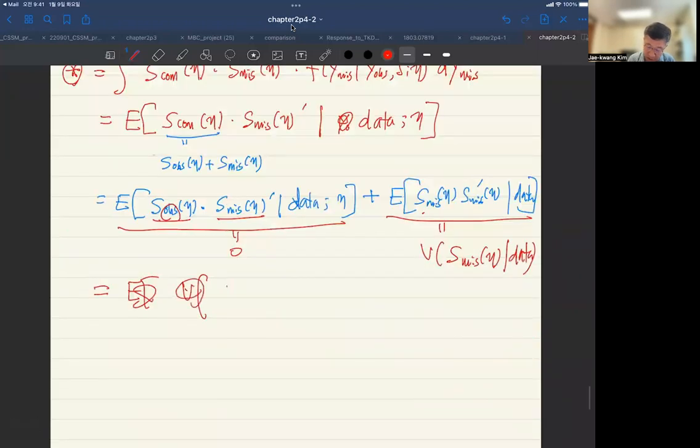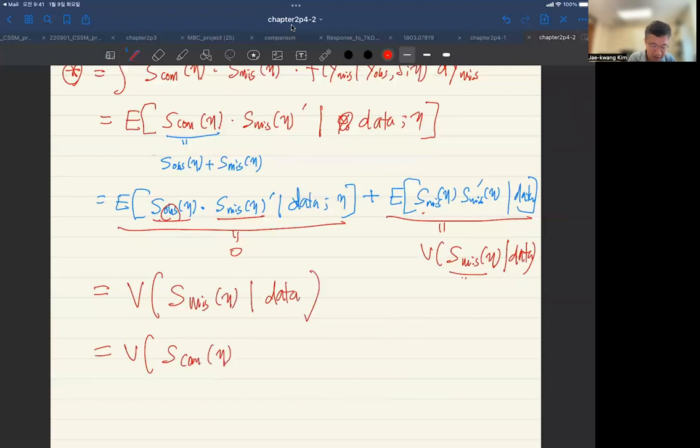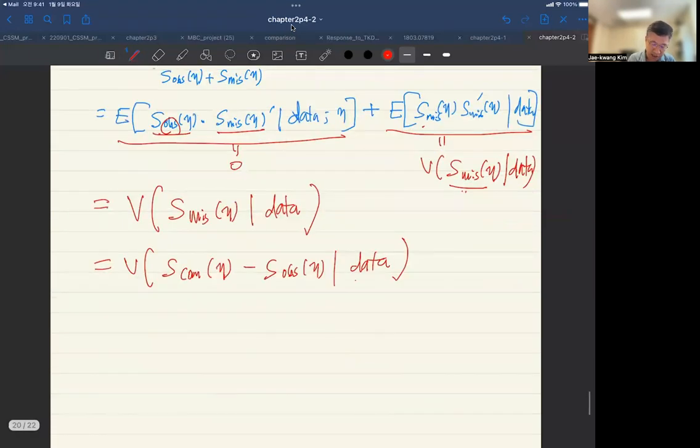Sorry, let me. Okay. So that means you have S miss eta given data, and another way of saying this is you have S obs eta given data, and conditional on data this is a constant, nothing random.